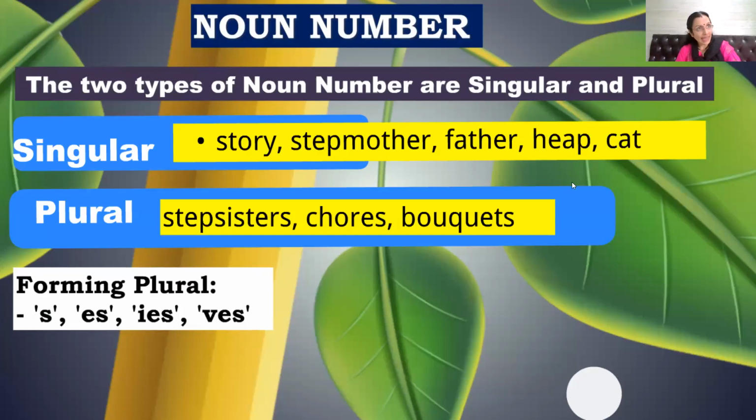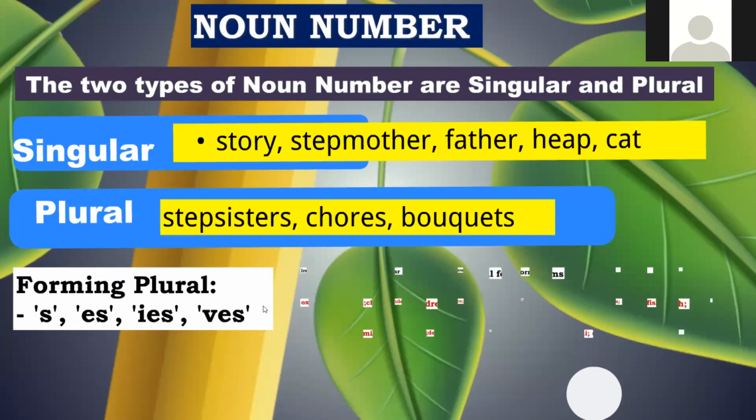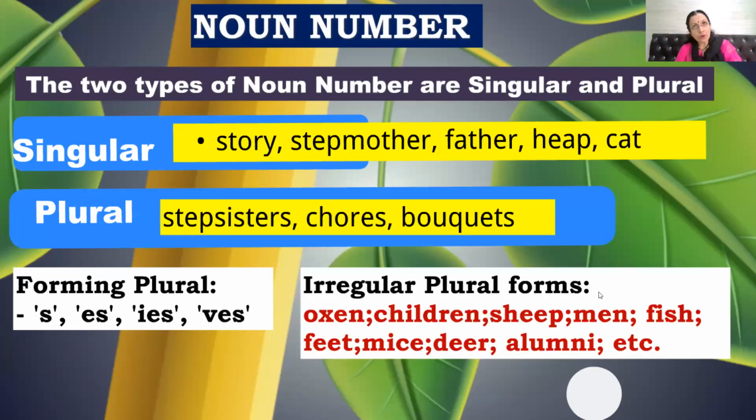By adding an S or an ES, like mangoes, or IES. When a story becomes stories, the Y goes and the IES is formed. And VES, when the F goes, you get the VES. Shelf, shelves.